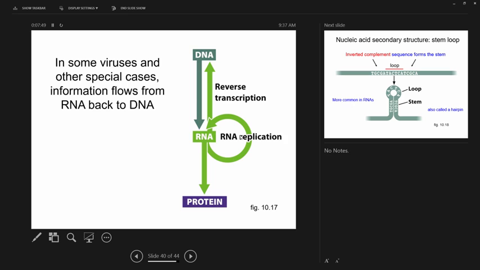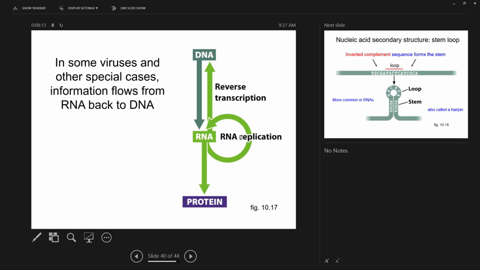So the question was, what's the difference between plus strand and minus strand RNA? Let's start out with DNA. So here's DNA. And we'll talk more about genes when we talk about transcription and also RNA processing and translation.